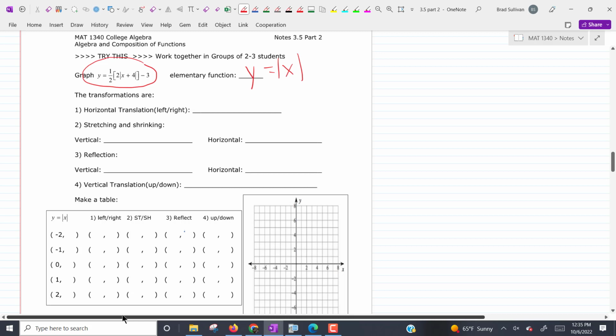Horizontally, you're always doing the reciprocal of that number. So we would say shrink by 1/2. And there's no negatives, there's no reflection, because the 2's not negative and the 1/2's not negative. And then you got the down 3 of it.